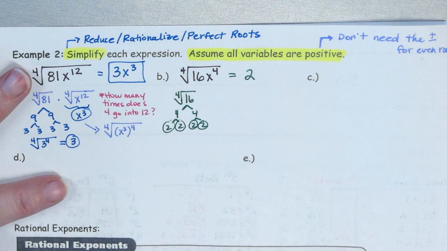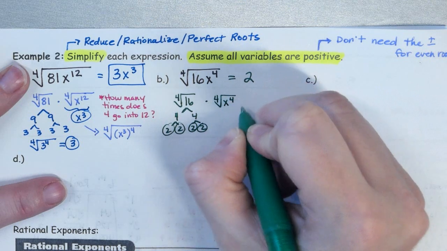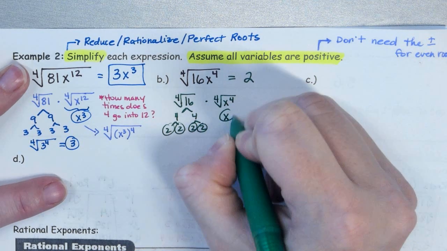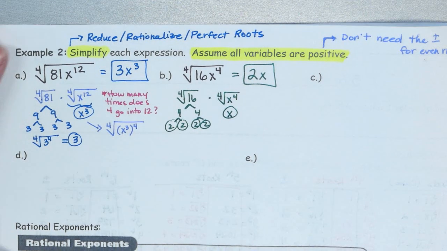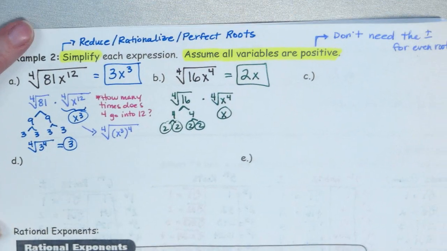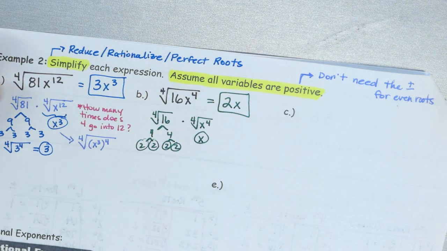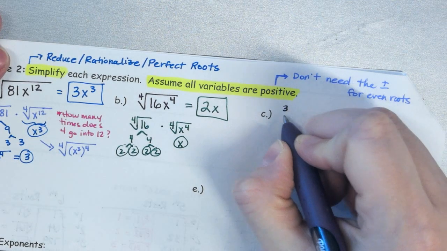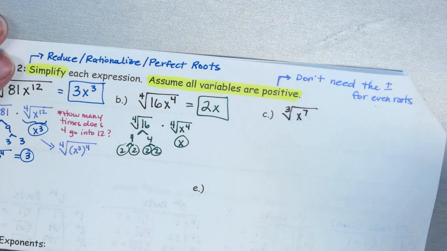And then how many times does 4 go into itself? 1 time. So 2x is your final answer there. Okay, now those are a couple examples of where it went in evenly. For this one, we have the cube root of x to the 7th.